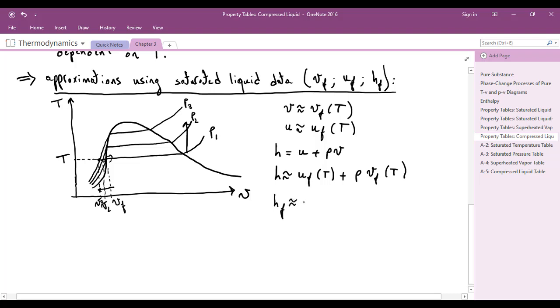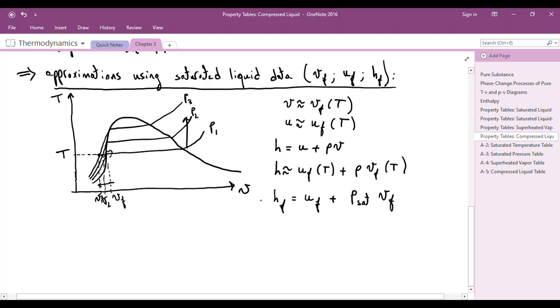Hf will be equal to, not approximately, Uf plus the pressure at the saturated liquid, which is the saturation pressure, times Vf. So Hf at a given temperature is equal to Uf at a given temperature plus P saturation times Vf.